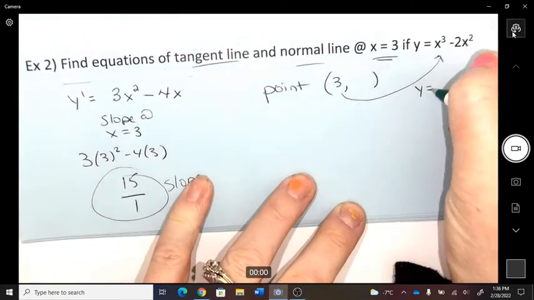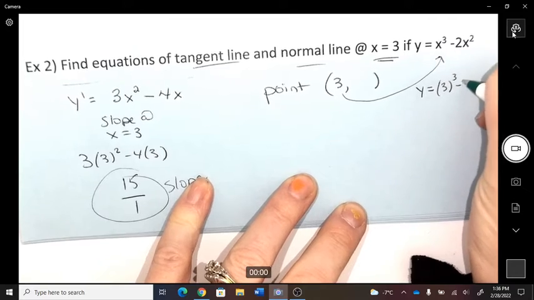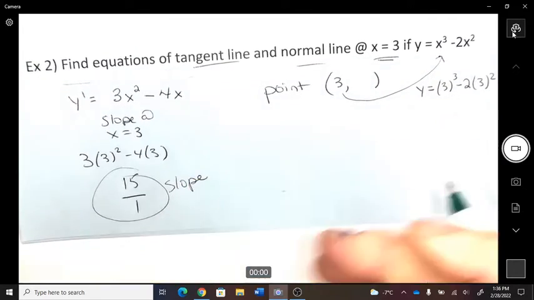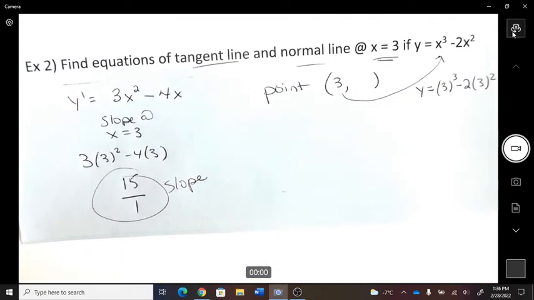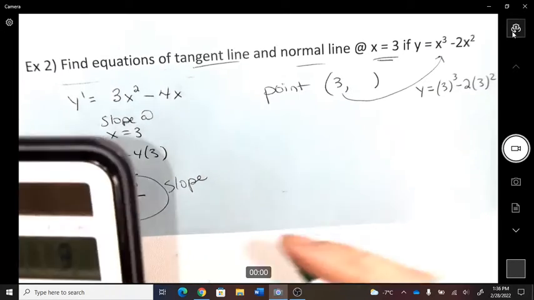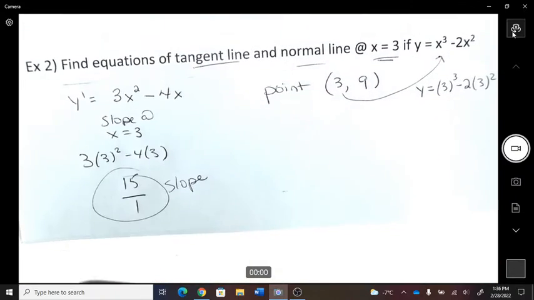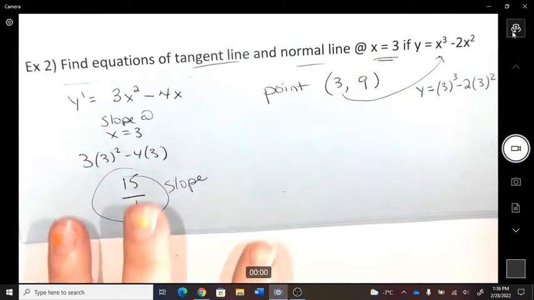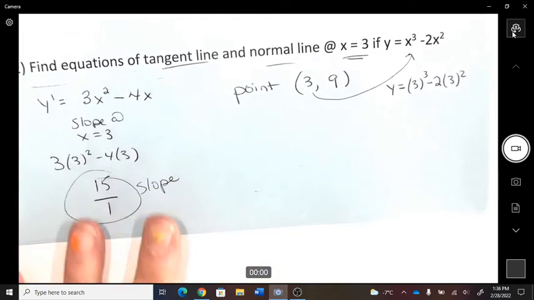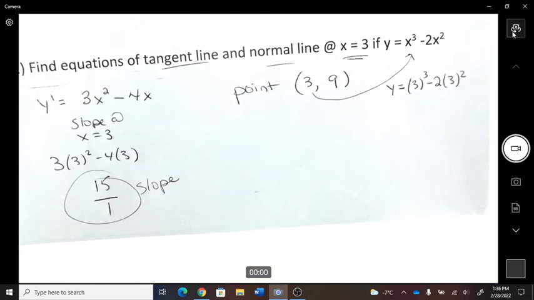So y equals 3 cubed. I got 9, if anybody else got that. (3, 9) is the point.